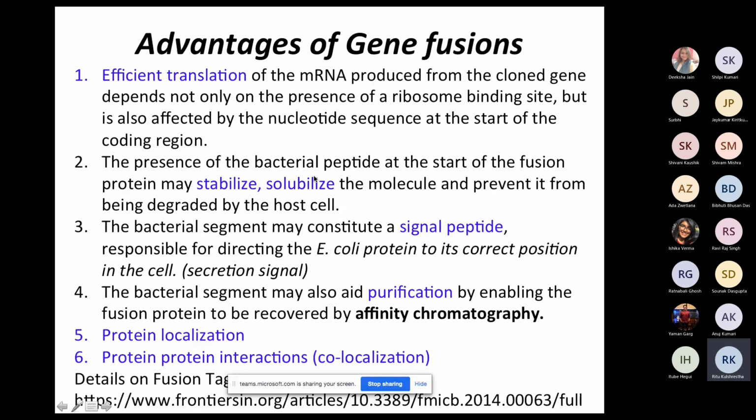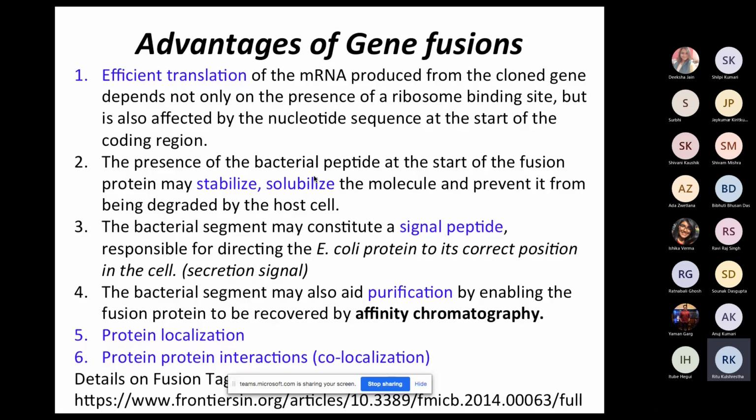Because whenever we are overexpressing these proteins in bacteria, we have added a very strong promoter and translation is taking place at a very fast pace, so we have a lot of protein being formed. Because this much protein is being formed very fast, there is a chance that the proteins are not folded properly.